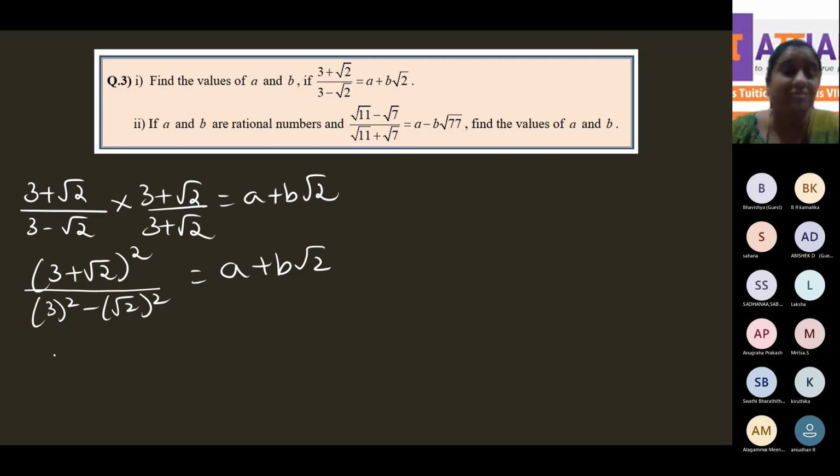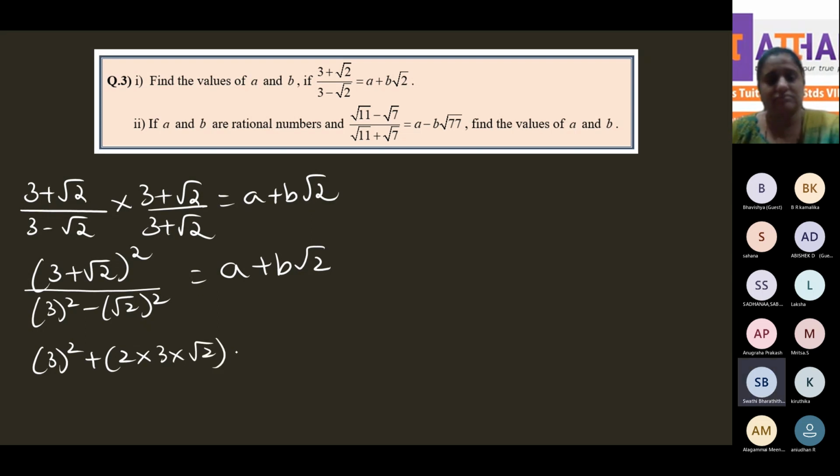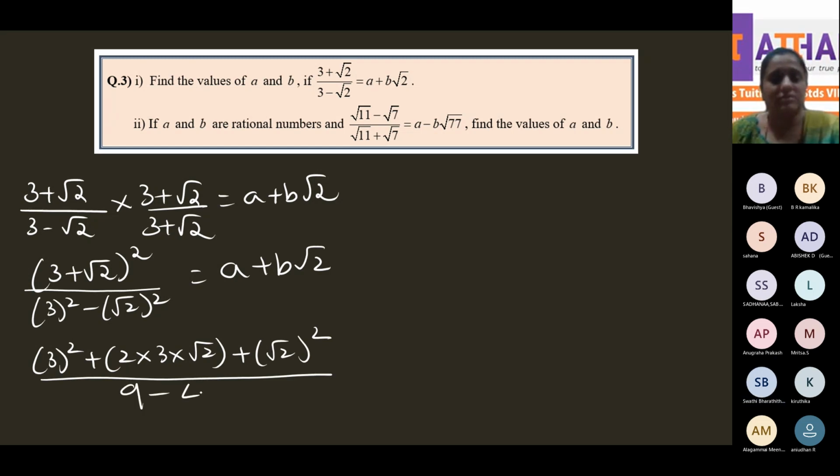Tell me, children. Tell me, Swati. After this, we have to solve the numerator, ma'am. And we get 3 square plus 2 into 3 into root 2 plus root 2 square, ma'am, divided by 9 minus 2, is equal to a plus b root 2.